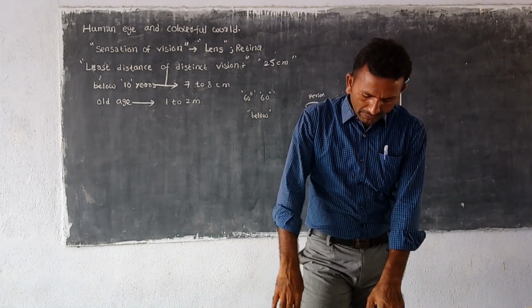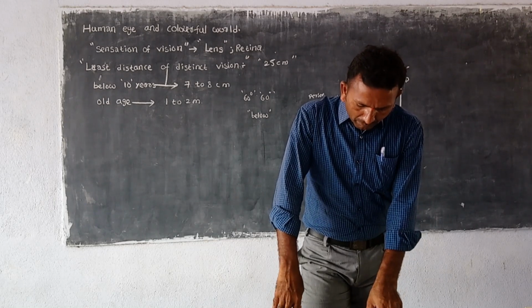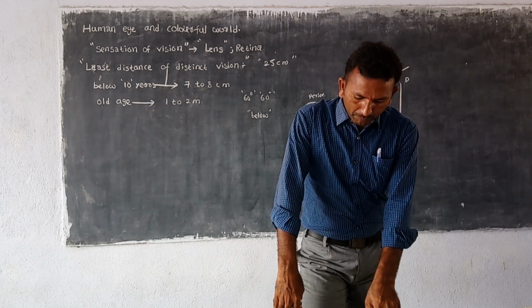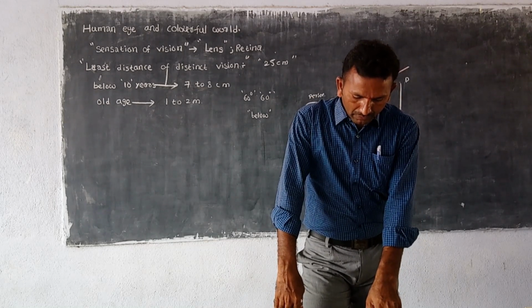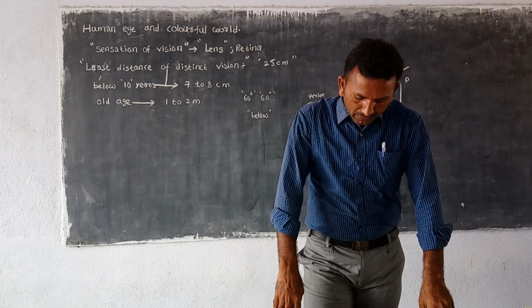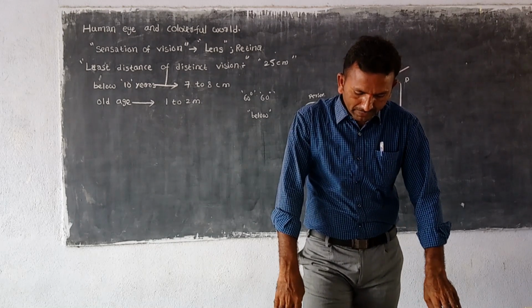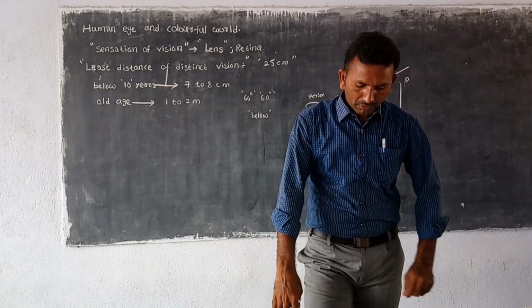The maximum angle at which we are able to see the whole object is called the angle of vision. The angle of vision for a healthy human being is about 60 degrees. It varies from person to person.